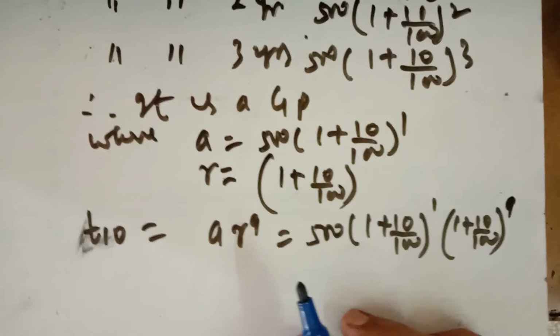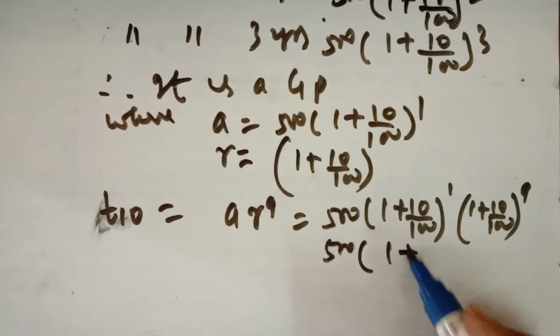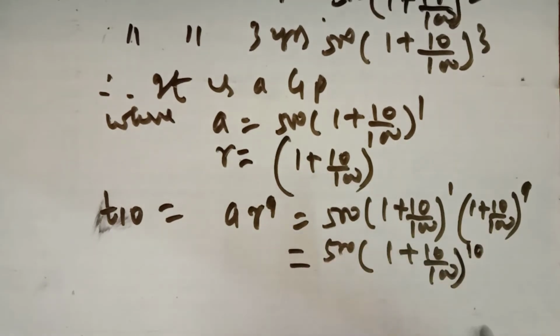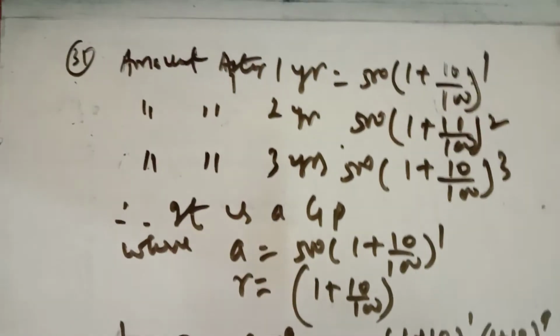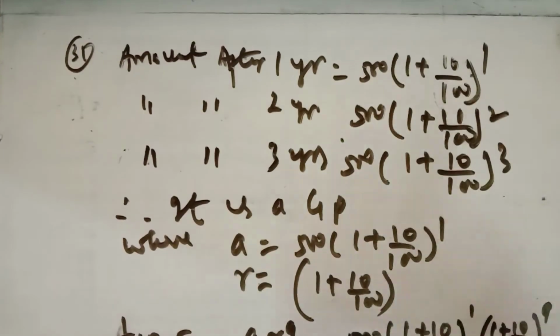So the amount after 10 years is 500 into (1 + 10/100) to the power 10. You simplify as far as possible. See it. So this is question number 31.